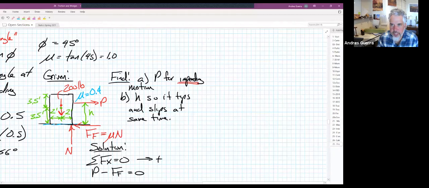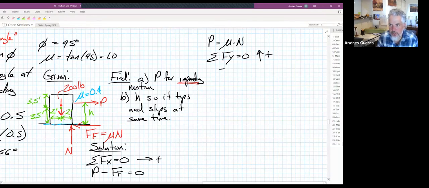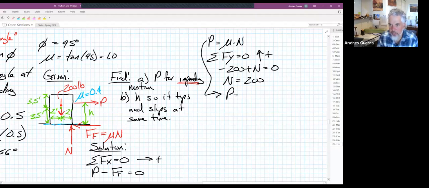We basically got P equal to mu times n. Well, what is n equal to? We can find n by summing forces in the y equal to 0. And so we're going to have minus 200 plus n equal to 0. Our n we know is equal to 200, which then back up to here, we can find that P is equal to 0.4 times 200, or 80 pounds.